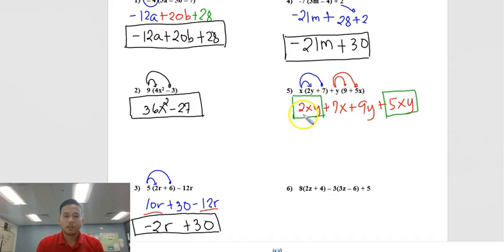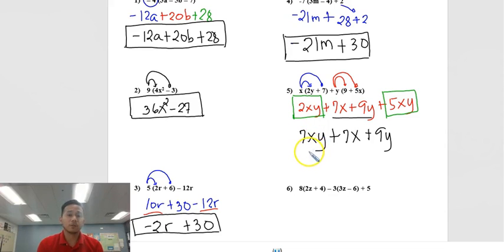So 7x and 9y will stay the same as is. Okay, so I'm going to add the coefficients of the xy. So 5 plus 2 will be 7xy. Okay, and then I'll just copy 7x plus 9y. Mister, is it okay that your 7xy can be 7yx?